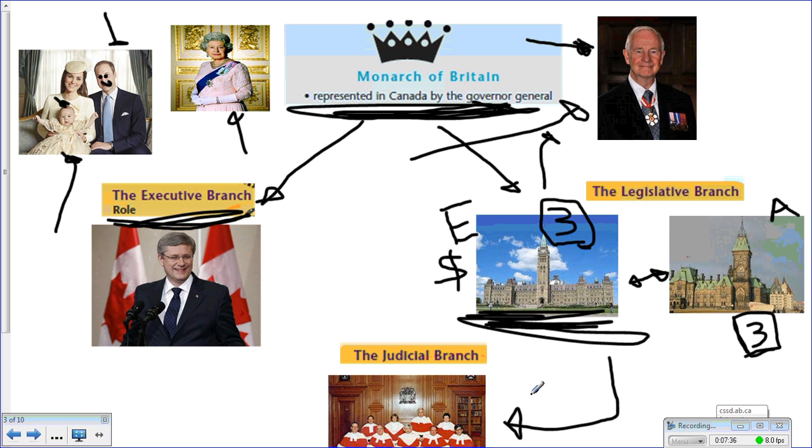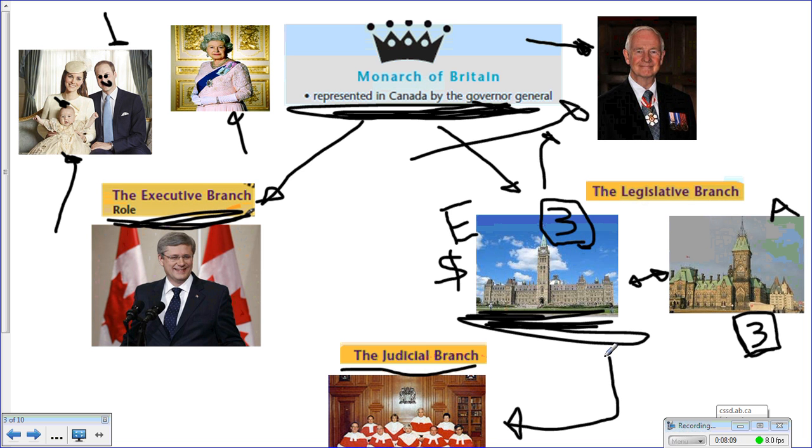You can challenge that law all the way up to the judicial branch, which is the Supreme Court. Sorry, I forgot completely right then. The Supreme Court is made up of 9 judges. So there's 3 from Quebec, 3 from Ontario. It's in your book if you really want to know. It's not important how many each area gets, but each area gets a certain amount of people.